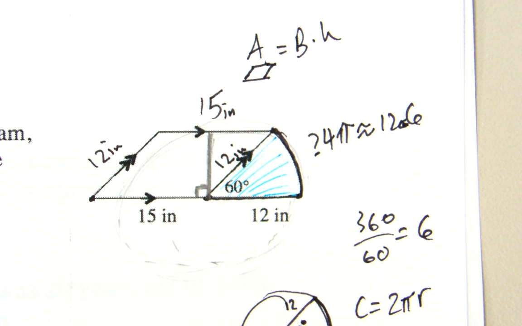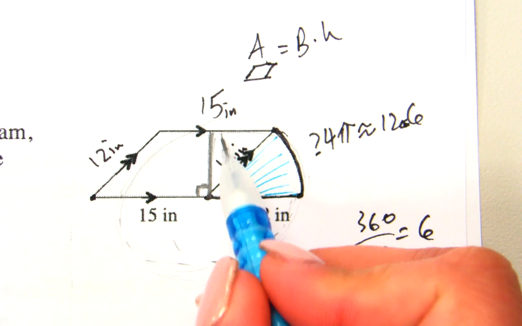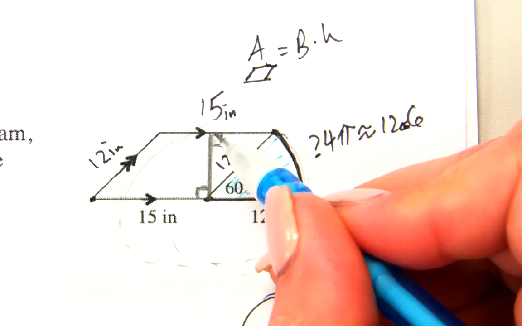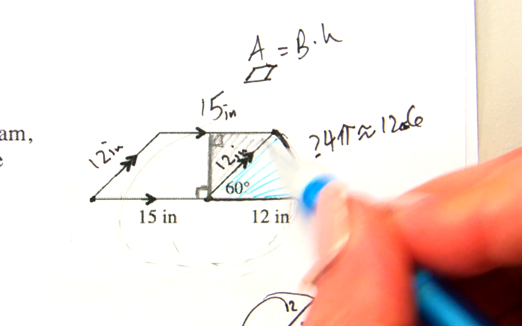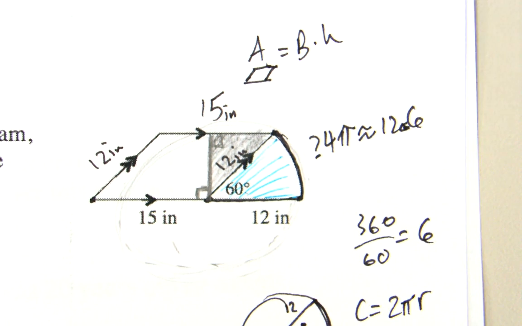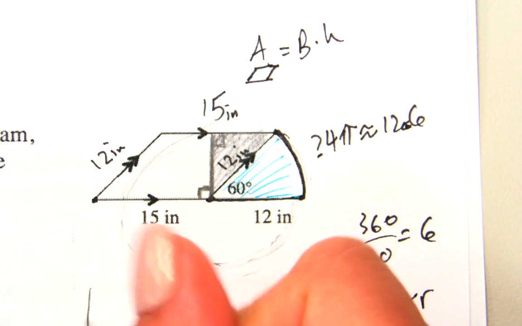All right, so we know this is 60 degrees. This is obviously 90 degrees up here also, but what concerns us is this part right here. I'm going to take this right triangle and redraw it right here.